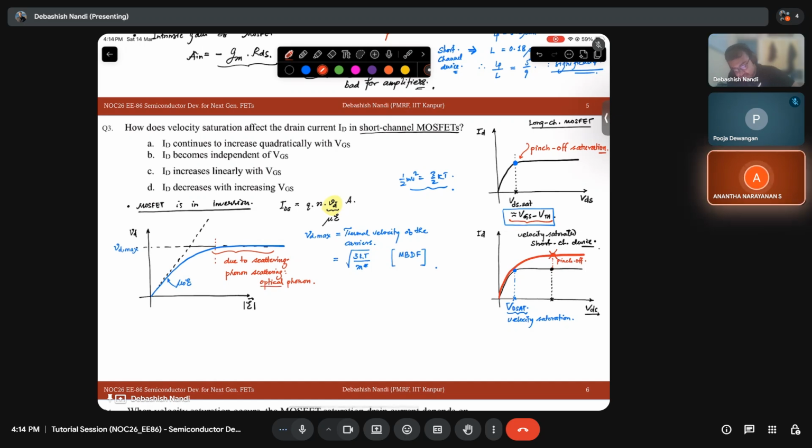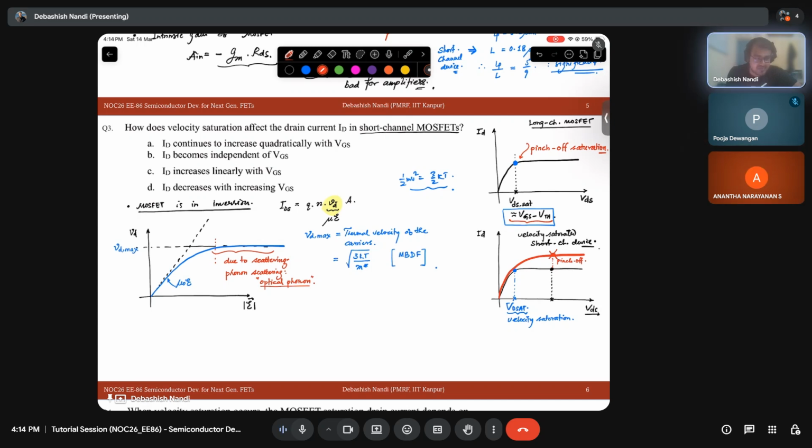What is actually an optical phonon? I thought phonons were just vibrations. Yeah, lattice phonons are vibrations of lattice atoms. So phonons can be of two types: acoustic phonons and optical phonons, right? Acoustic phonons help you carry heat, for example, or carry sound from one place to another.